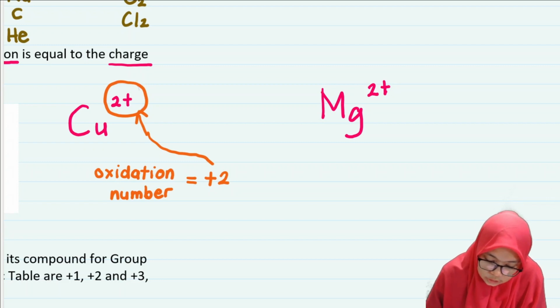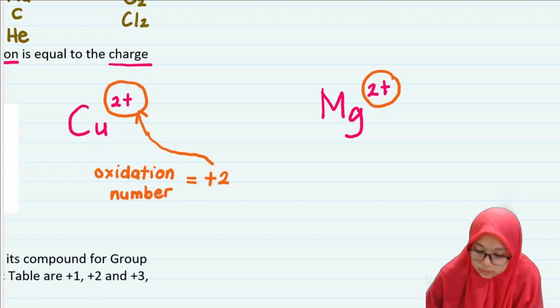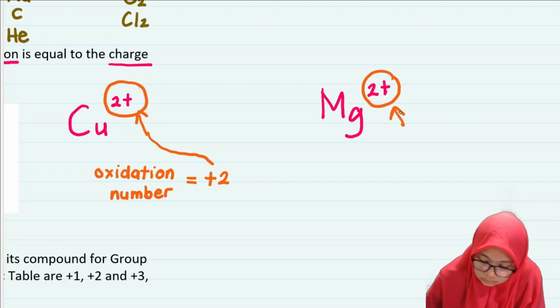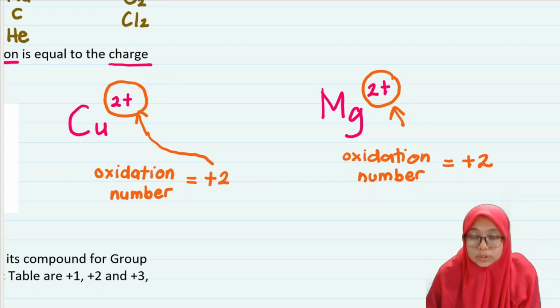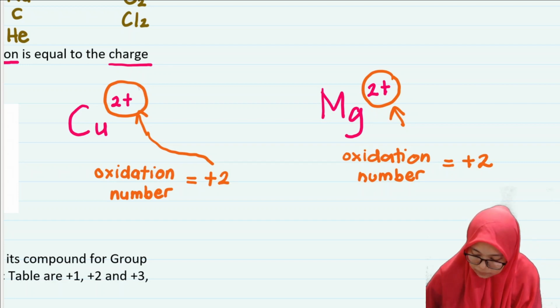So the oxidation number for this ion is according to the charge of the ion. So the oxidation number will be plus 2. It is automatically written that the oxidation number for magnesium will be positive 2. It will follow the charge of the ion.